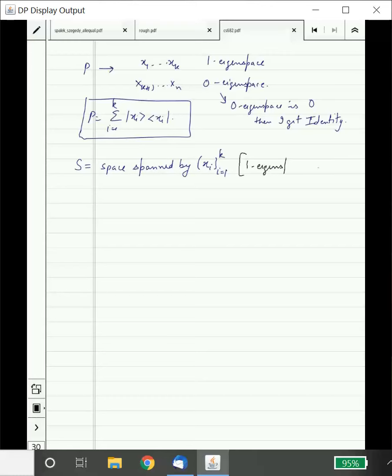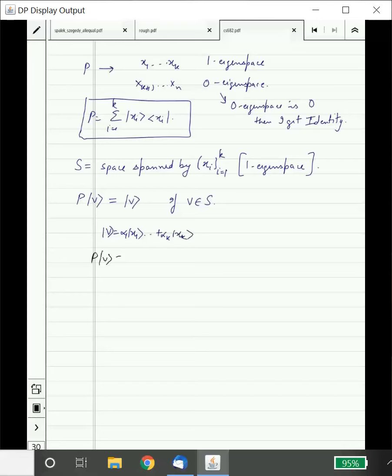In this case, notice that P of V is equal to V if V is an element of S. That is because if I write V as alpha 1 x1 plus up to alpha k xk, then PV will just apply.